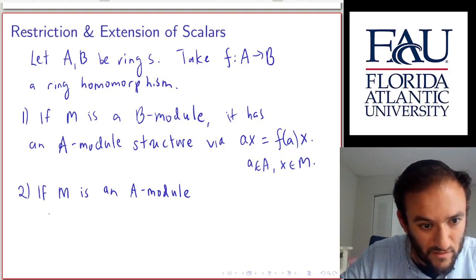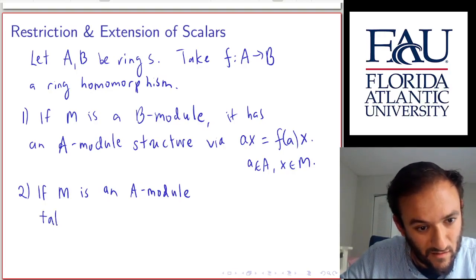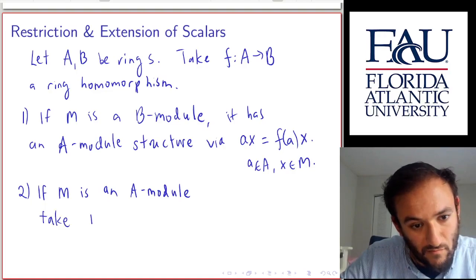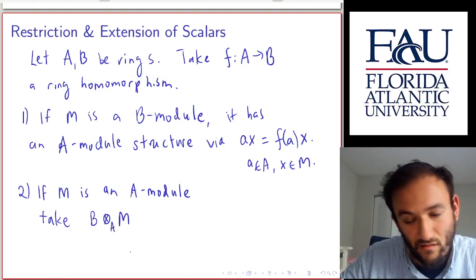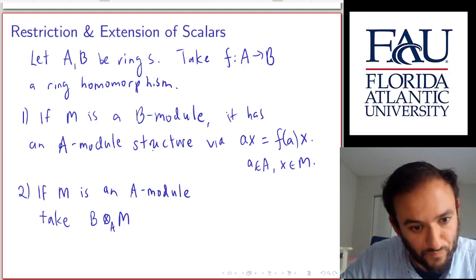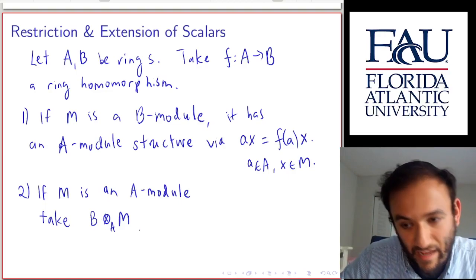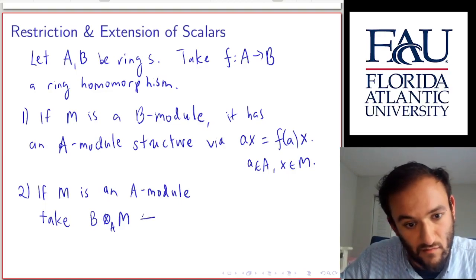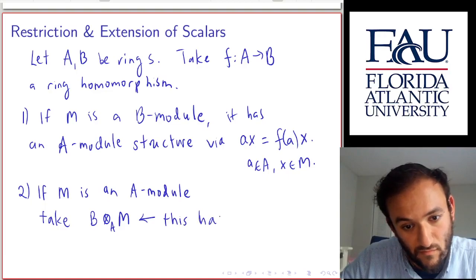So we take B tensor product over A with M. And now this has a B module structure.